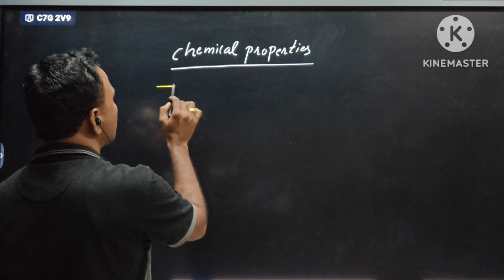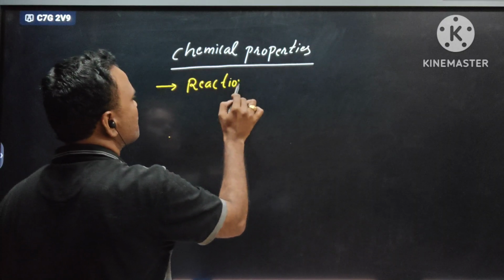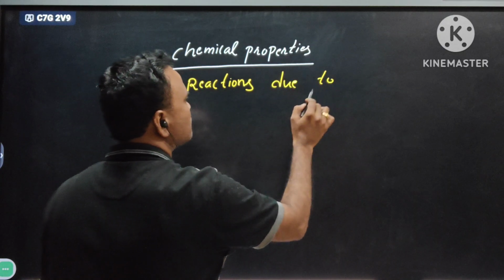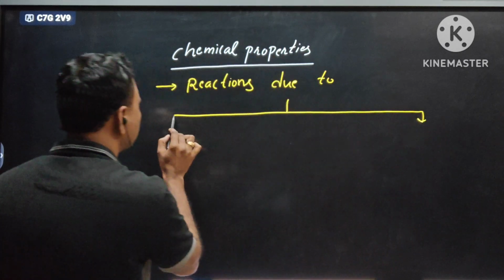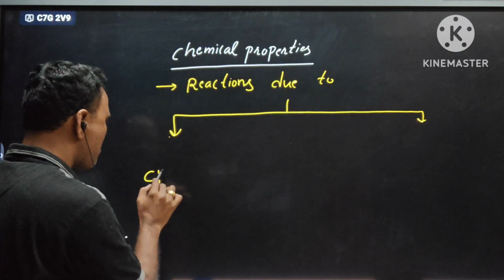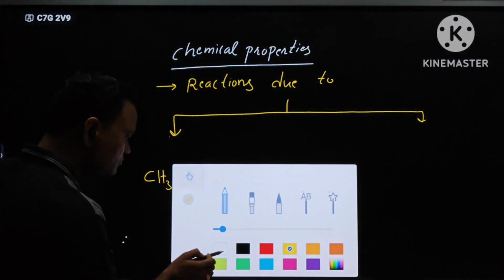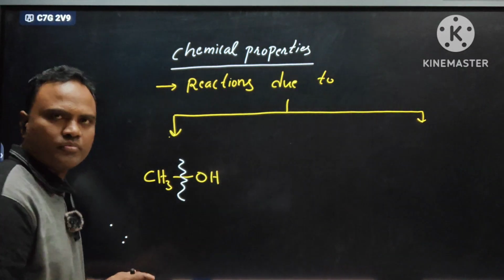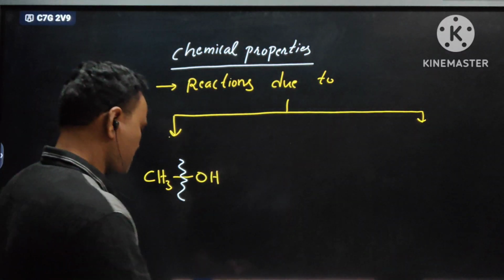Chemical properties. Reactions due to... I am taking one alcohol, CH3OH, and I am breaking the carbon-oxygen bond. Carbon and oxygen bond, this is one category.